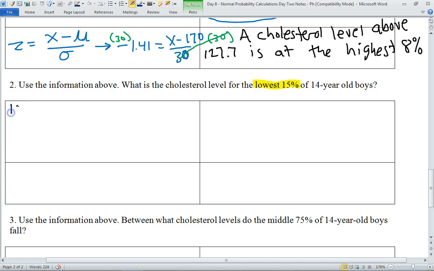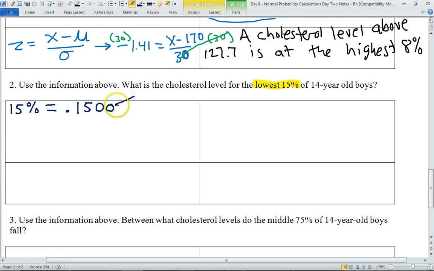What is 15% as a decimal? Move the decimal point twice. That is 0.15. To match the chart better, I like to make it 4 wide: 0.1500. I just added on those extra zeros.